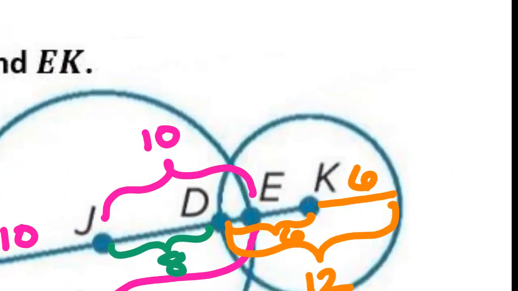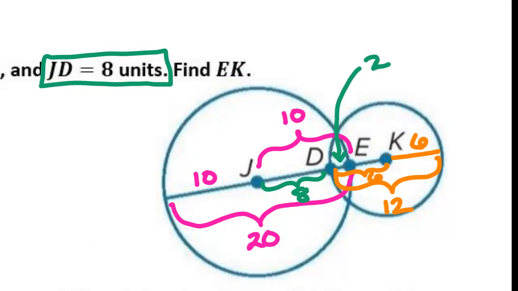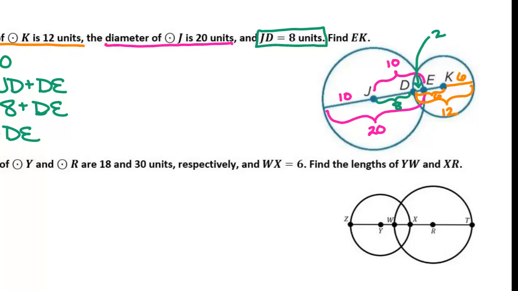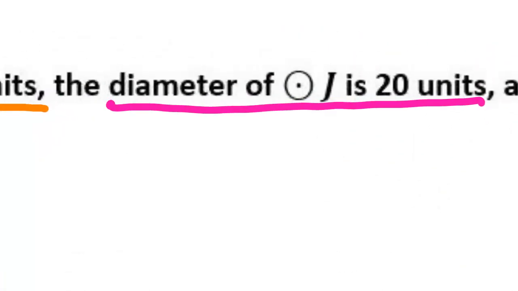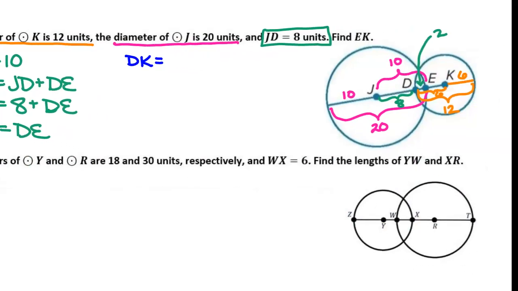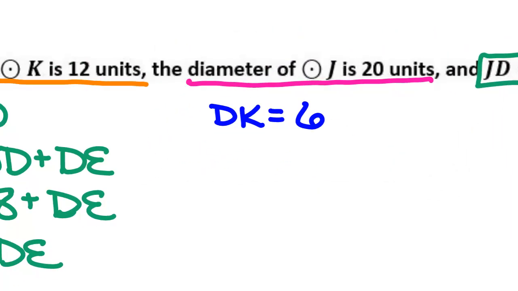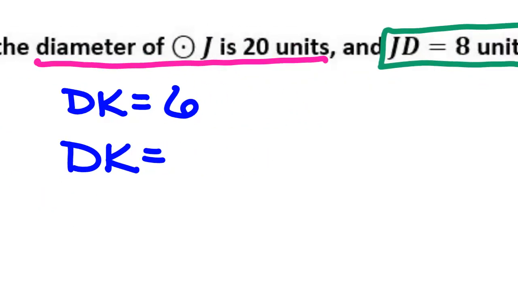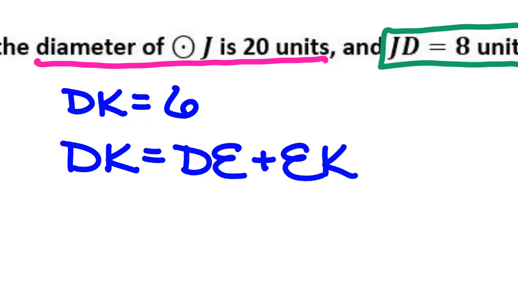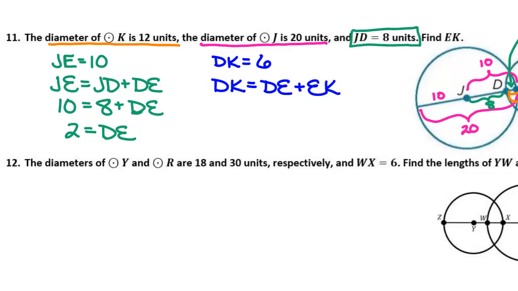All right, so coming over here, this little bit right here is 2. Well, I know that from D to K is how big? 6. From D to K is 6. And segment DK is made up of 2 smaller segments put together, DE and EK. Didn't we just figure out how big DE was?